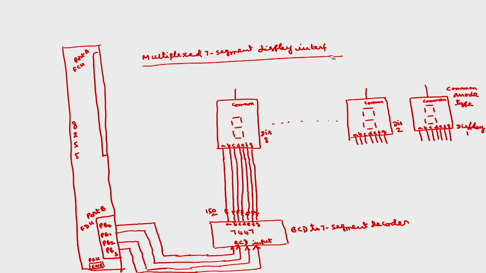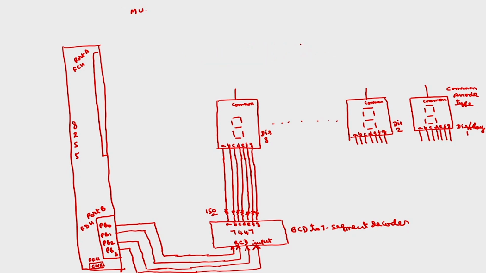These common signals are connected through transistors. We will take the first signal and connect it through a transistor.